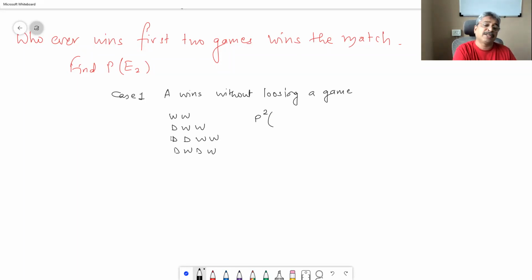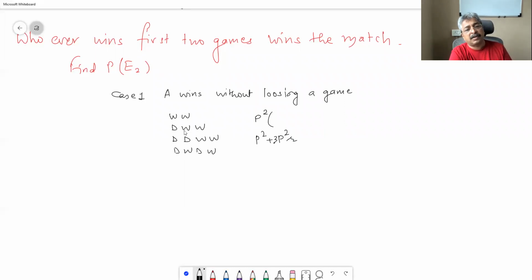Yes, tell me what is your method, because my method is a little complicated. So if he wins without losing a game, WW, then it is P square. Then second case it will be plus P square R. That will be 3 times.